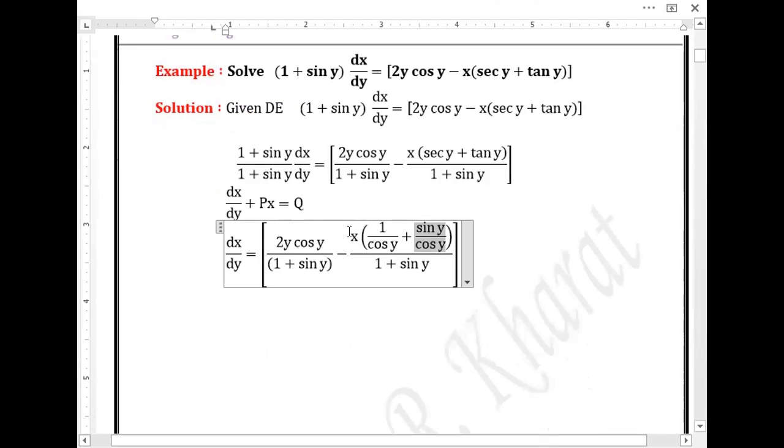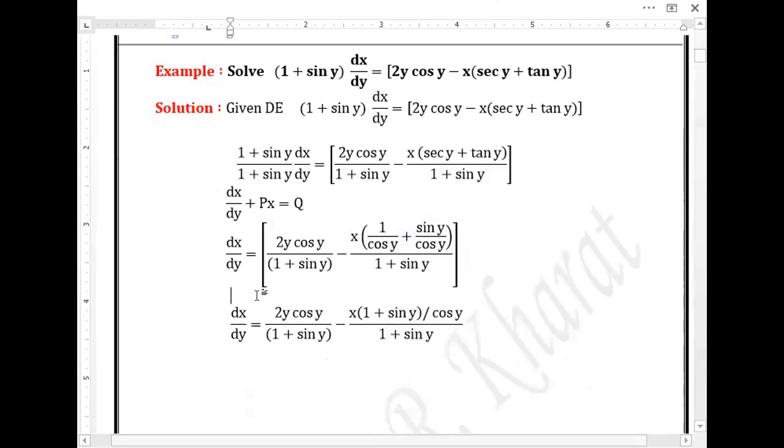After simplification, dx/dy is equal to 2y cos y over 1 + sin y, and the denominator of these two terms is the same, so we sum the numerators. It becomes x into (1 + sin y) divided by cos y, and the whole term divided by 1 + sin y. So 1 + sin y cancels, and we get x upon cos y in the next term.